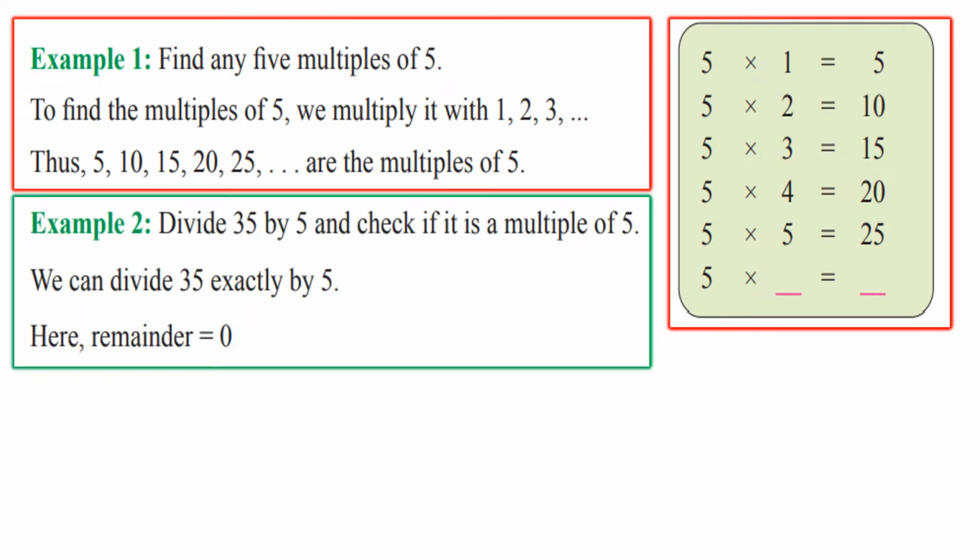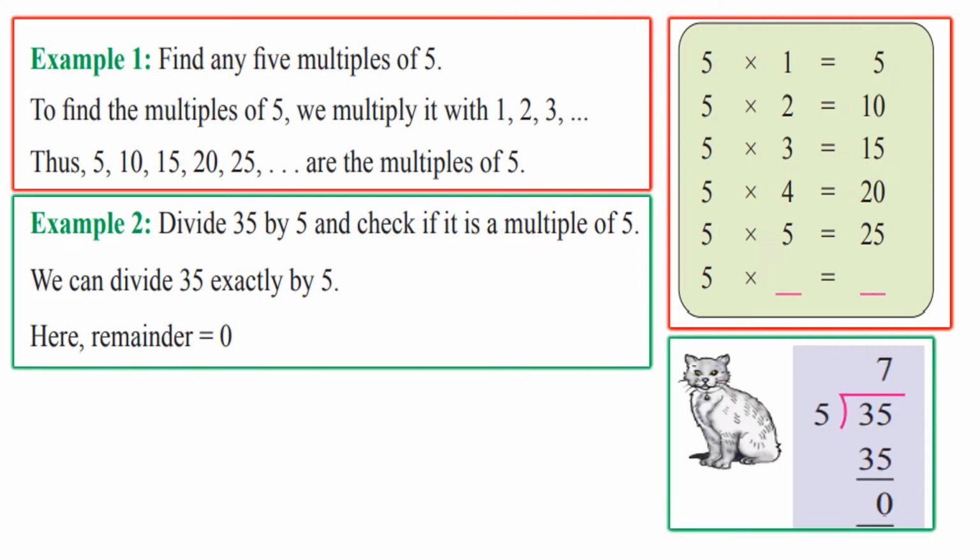Example number 2. Divide 35 by 5 and check if it is a multiple of 5. To check if it is a multiple of 5, we can divide 35 exactly by 5. Here, 35 divided by 5 is 7, and the remainder is 0.